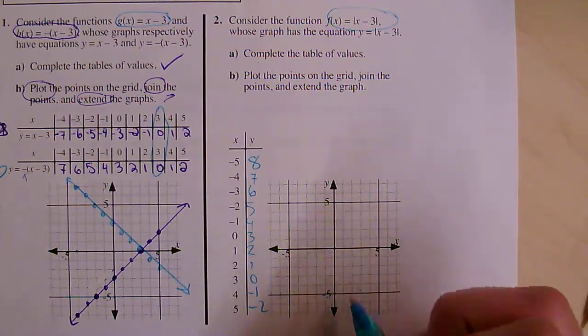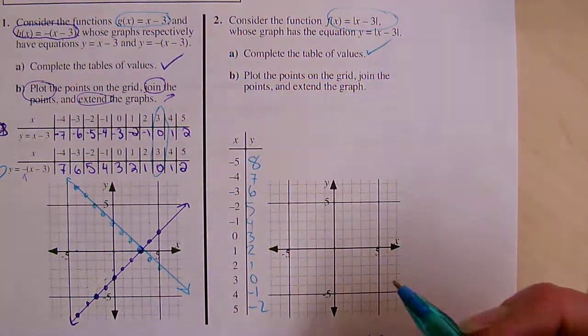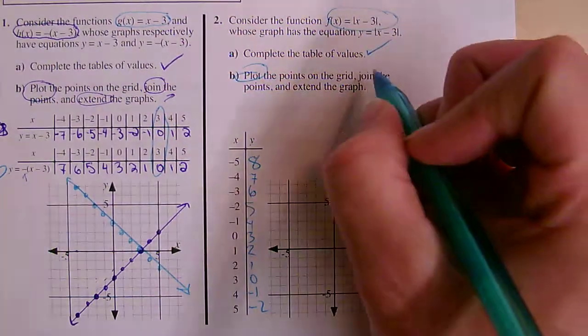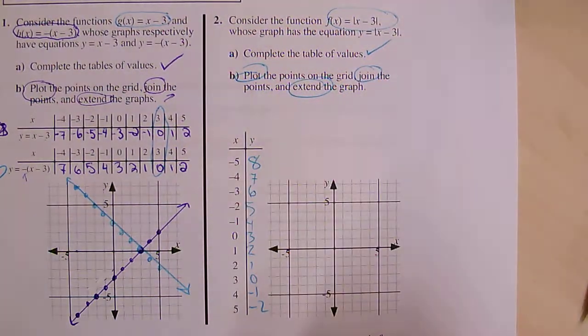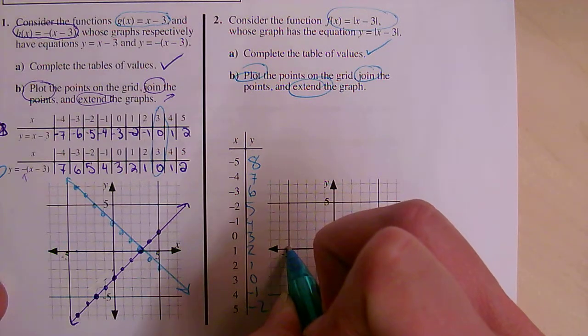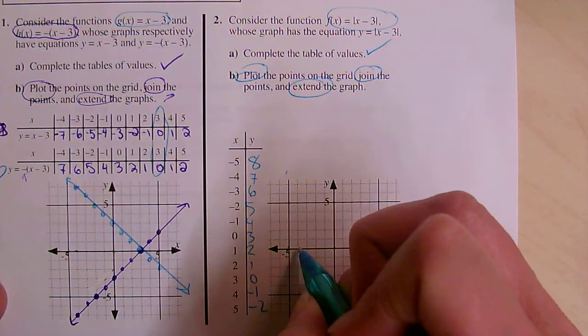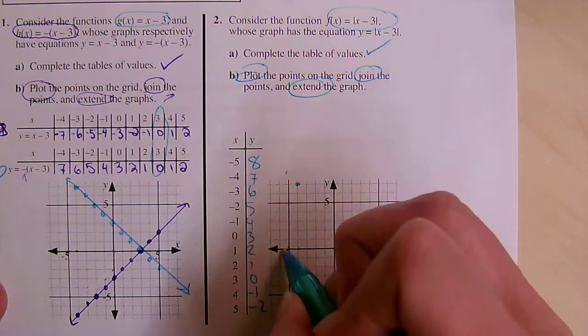Okay, so I've done that. Now I'm going to plot the points, join them, extend the graph. 5 and 8 is off the charts here. 4 and 7.